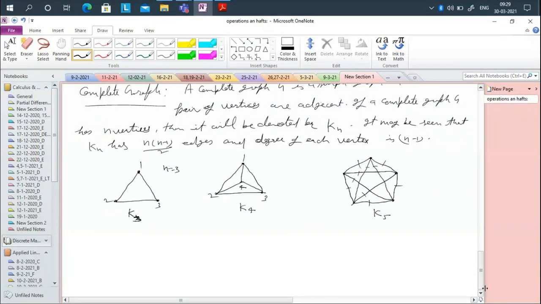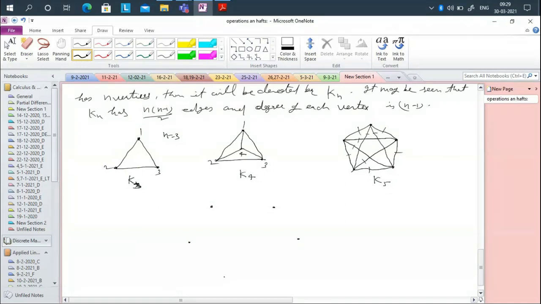So can you draw the figure for K6? Please tell me how to draw K6. Each vertex has degree 5.